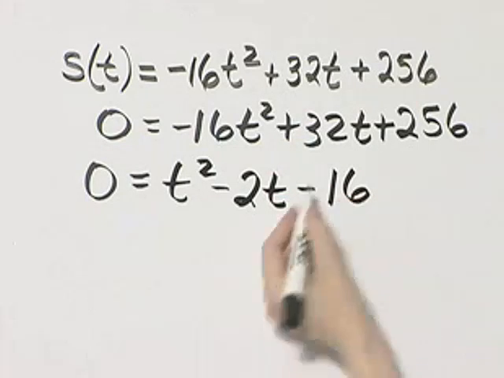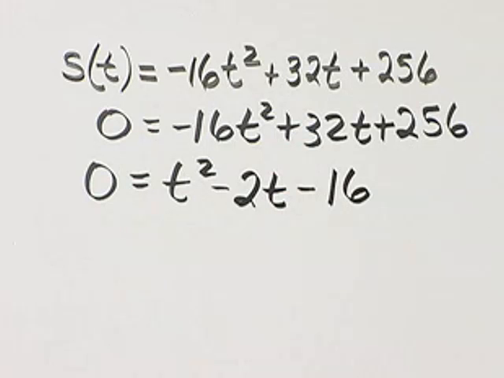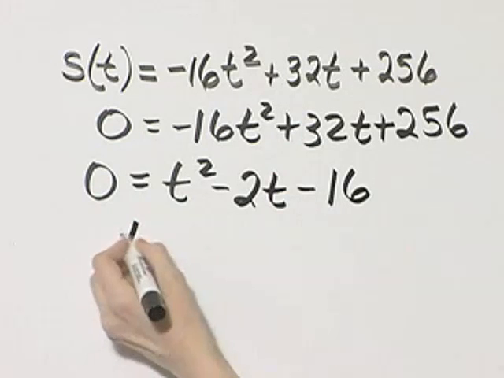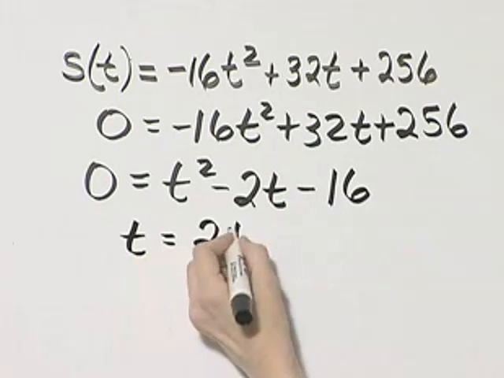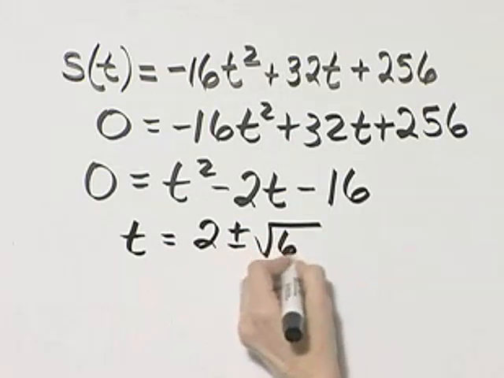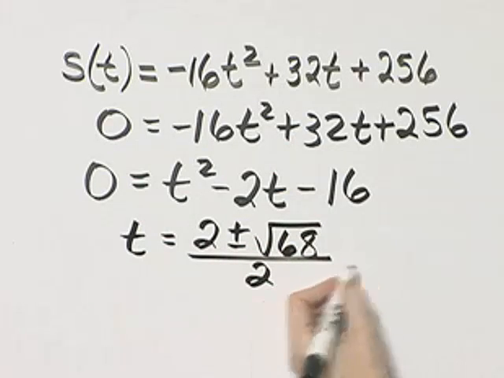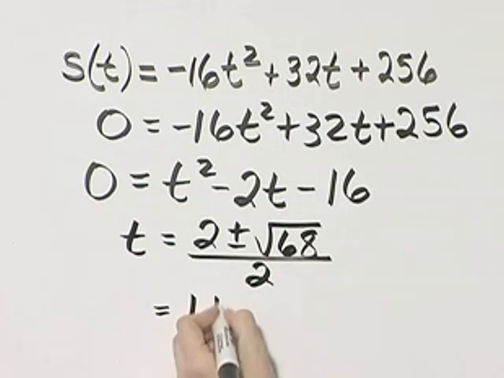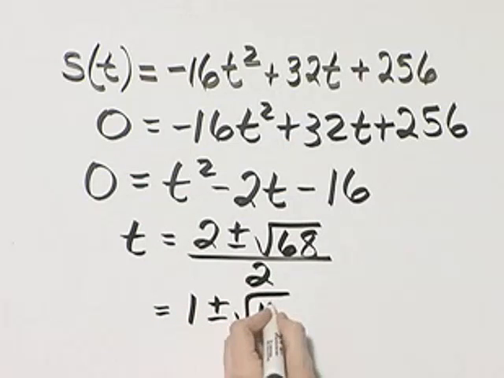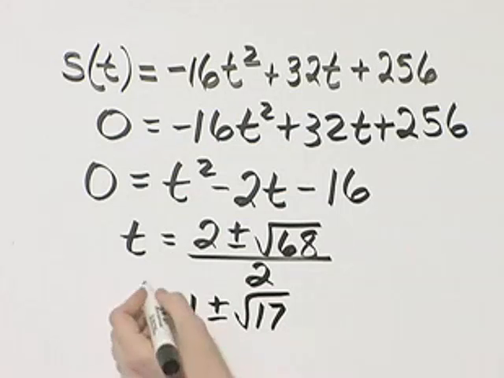I'll let you solve by using the quadratic formula. If you do, you'll find that t is 2 plus or minus square root of 68 all over 2. And if you simplify this, that is 1 plus or minus square root of 17. Now remember, we're looking for a time.